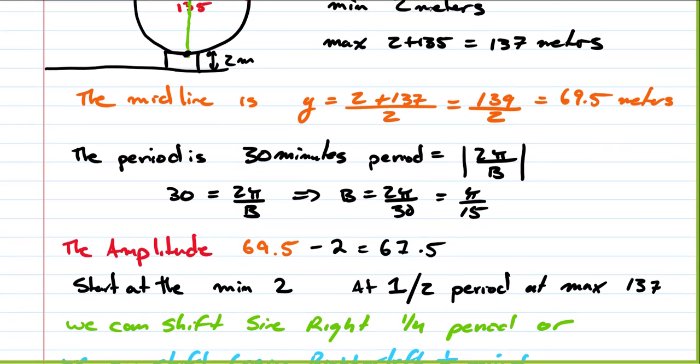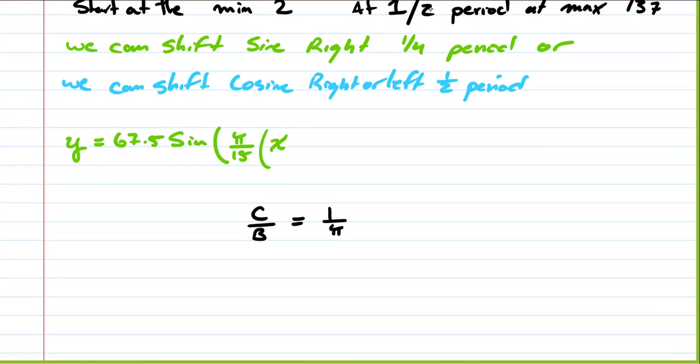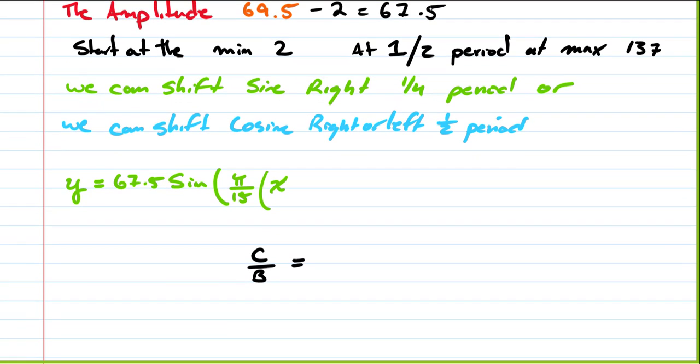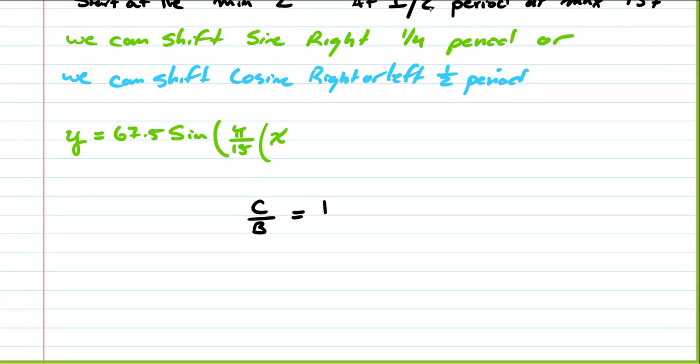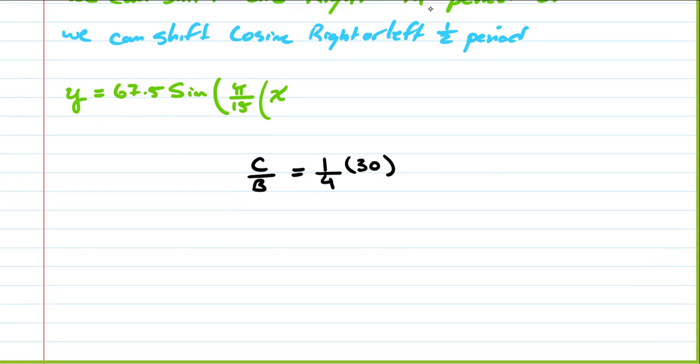And our period was 30 minutes. So C over B has to equal a quarter of our period, so 1/4 times our period, which is 30 minutes.